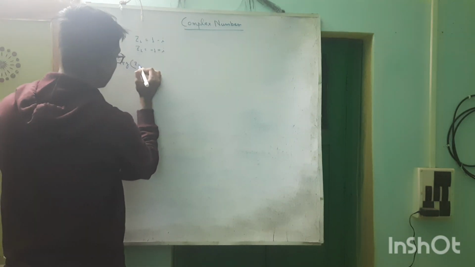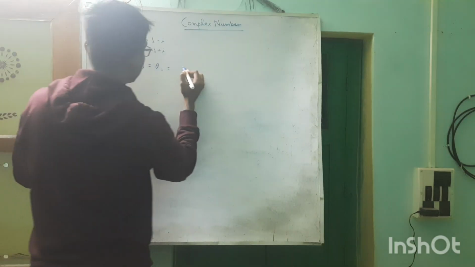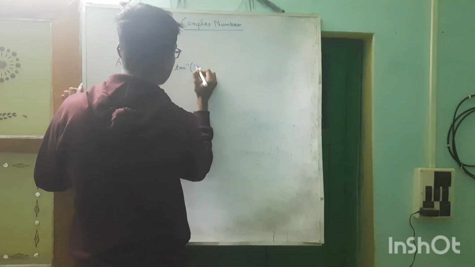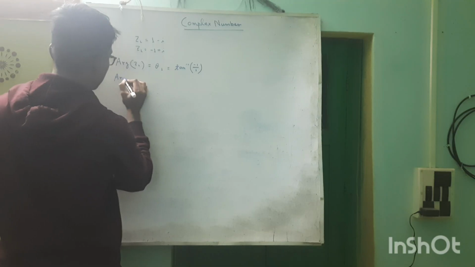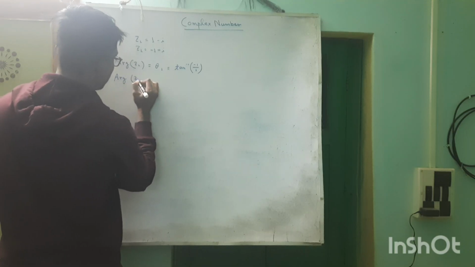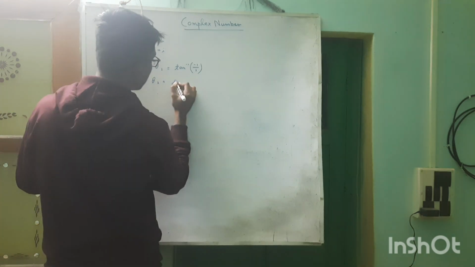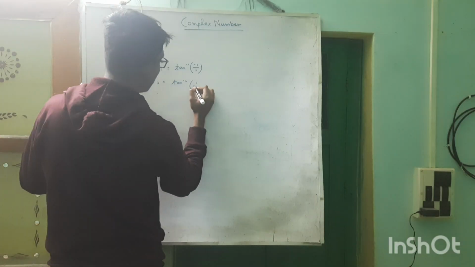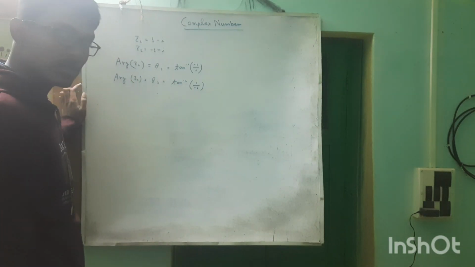Argument of z1 we take as theta 1, that is tan inverse of minus 1 by 1, and argument of z2 is theta 2, that is tan inverse of 1 by minus 1. So in both cases that is tan inverse minus 1.